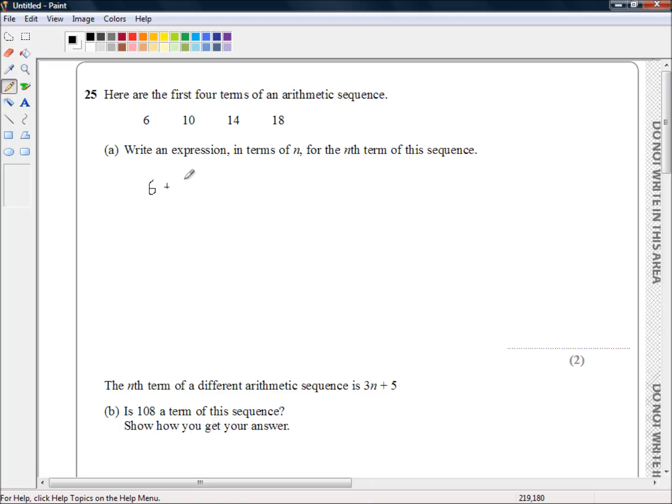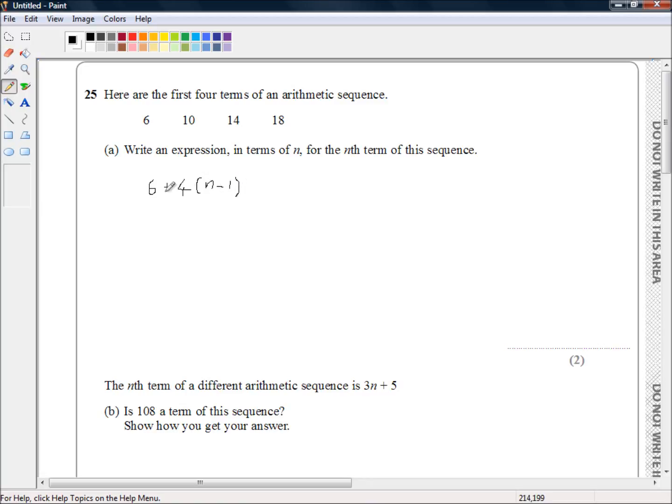Now what's the something we're multiplying? Well, 10 minus 6 is 4, 14 minus 10 is 4, 18 minus 14 is 4. So we want them to go up in multiples of 4, so we want 4 times something. And again, if n is 1, we want that something to be 0. So let's say n minus 1.